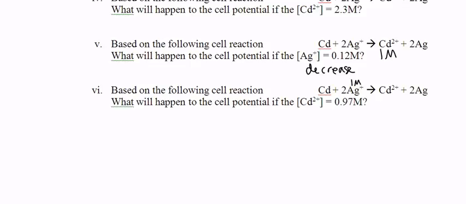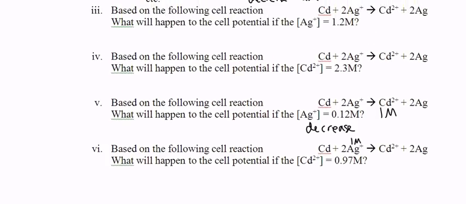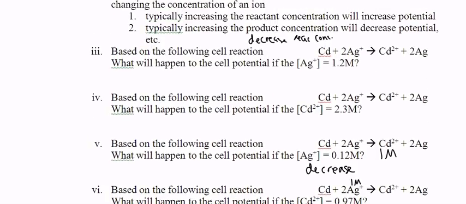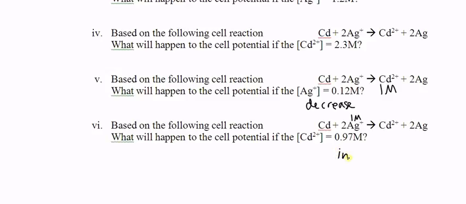And so as we're looking here, we're going to see that decreasing product concentration, as we mentioned before, will have the effect of increasing cell potential. And so we would expect to see the cell potential increased.